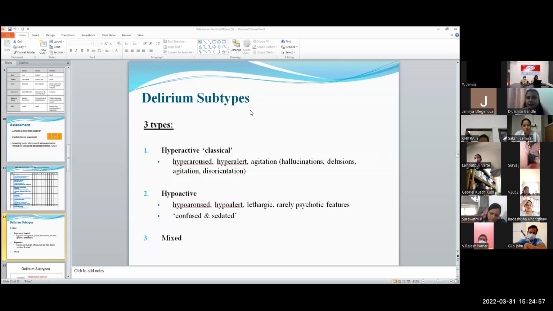There are things that can be managed, and they should be managed. Because, remember, palliative care is not only about helping the patients symptomatically, it is also about giving the patient dignity till they die. And managing delirium is one of the things that we can do for them.